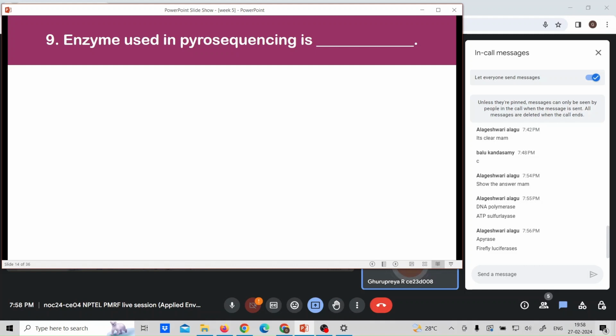It continuously degrades the nucleotides and ATP. So from ATP, the apyrase is going to give you ADP, AMP, and phosphates. But when you're asked about the key enzyme in pyrosequencing, it's going to be luciferase. I'm sorry, the enzyme should be luciferase. When I upload the PPT, I'll correct this. So the answer for this is luciferase.